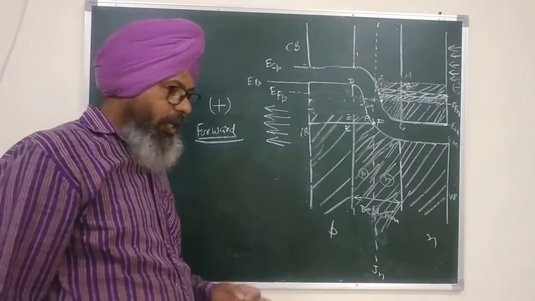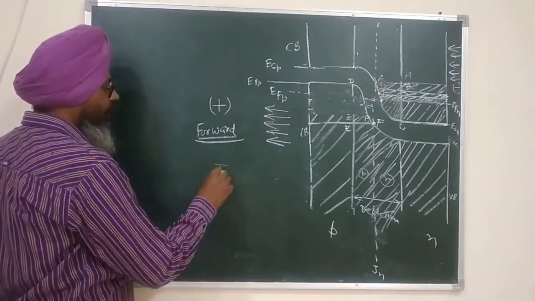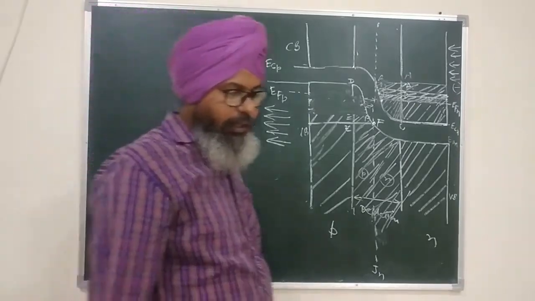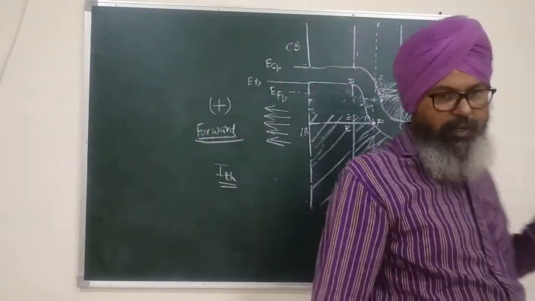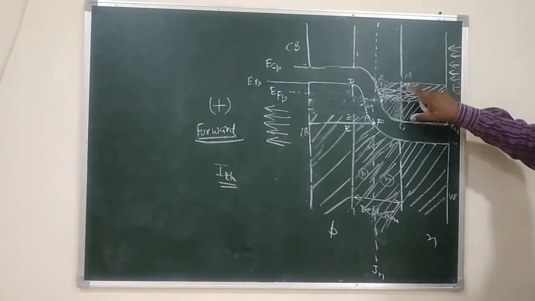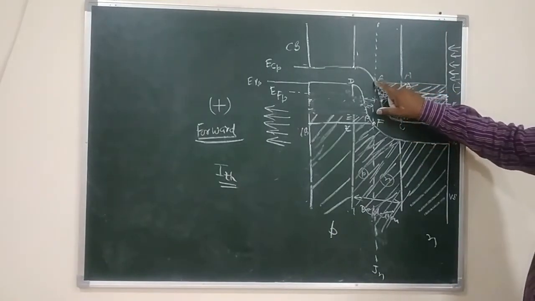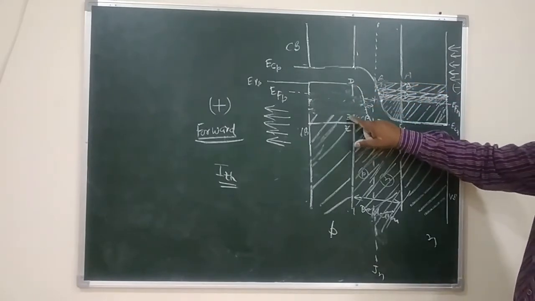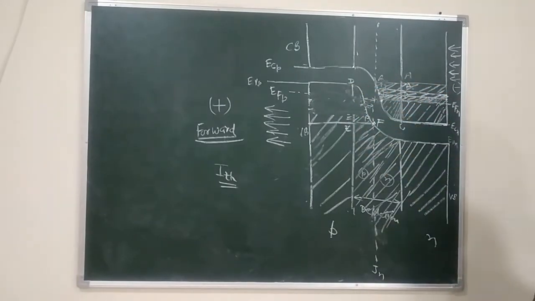Now this current is called I_TH, the threshold current. So its definition is clear from this. What is happening at this value of current? ABC was the portion of the donor band in the N region, and DEF was the portion of the acceptor band in the P region.